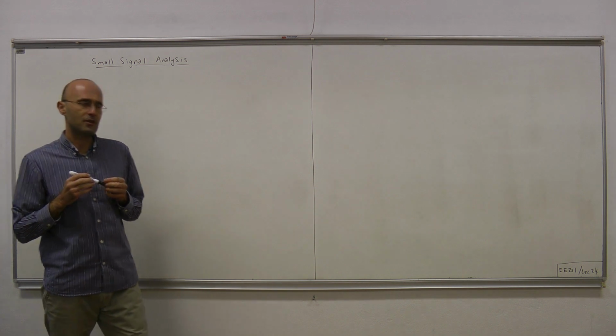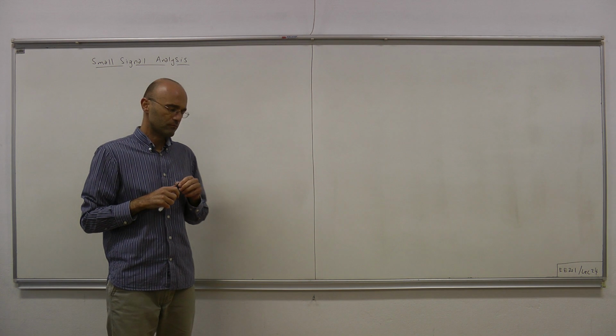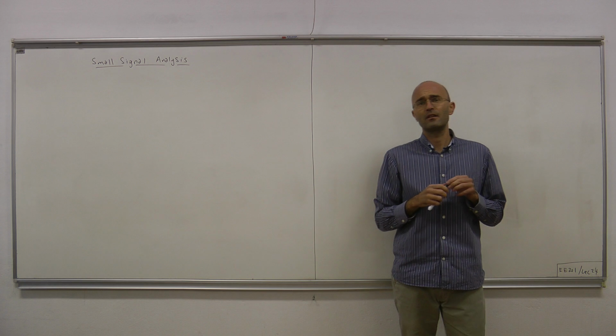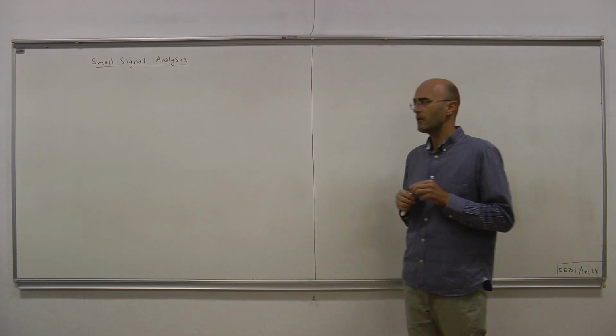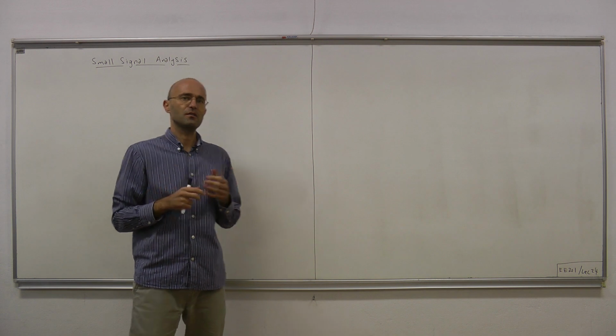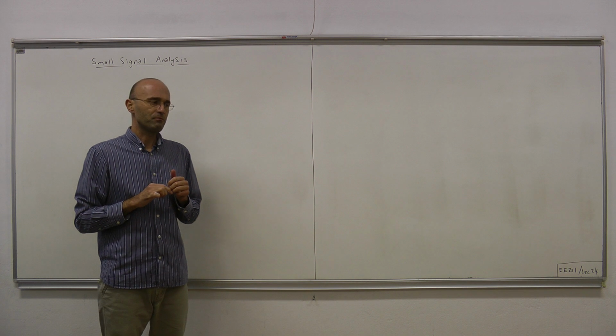In our previous lecture, we saw how to deal with circuits, resistor circuits that contain a single nonlinear component and constant sources, constant independent voltage sources or constant independent current sources.